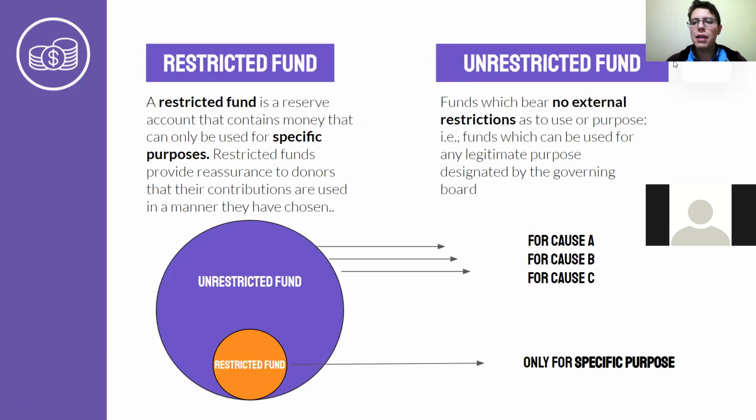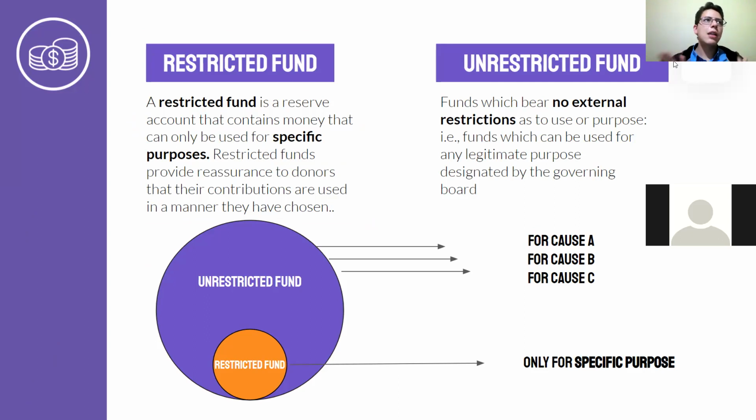I want to explain first the differences between restricted funds and unrestricted funds. The first one is a reserves account that contains money for specific purposes. Restricted funds provide reassurance to donors that their contributions are used in the manner they have chosen.